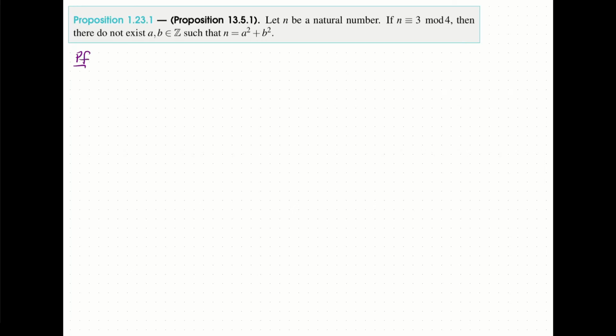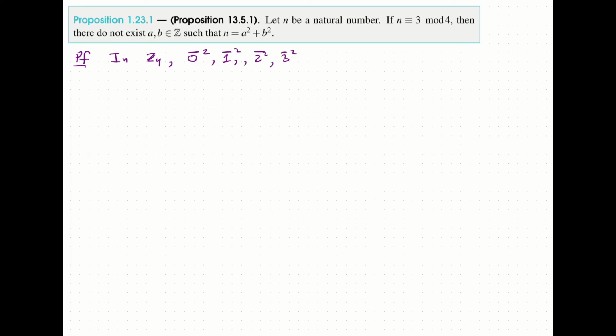So in C4, we have that a bar squared is equal to, if we go through the list, 0 bar squared, 1 bar squared, 2 bar squared, 3 bar squared.